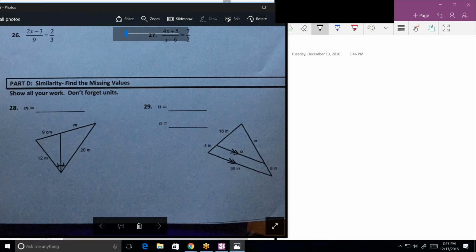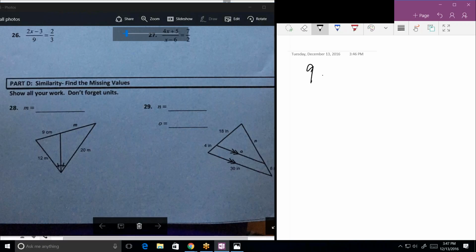In other words, make your ratio 9 to 12, 9 centimeters to 12 meters. Notice the different units. Equals what? m over 20? m centimeters over 20 meters.